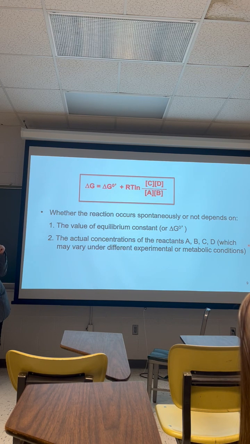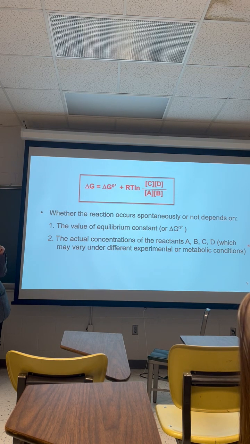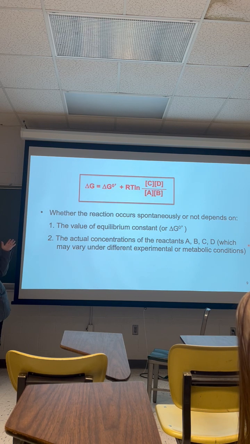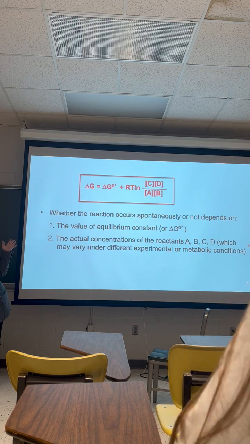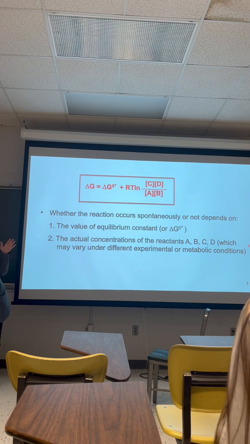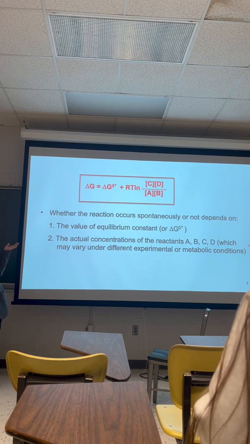Can you tell me, based on this information that I gave you, delta G0 prime is negative 10 kilojoules per mole? Nothing else. I'm just giving you delta G0 prime. Can you tell whether this reaction occurs spontaneously or not? You can't, because you don't have enough information.